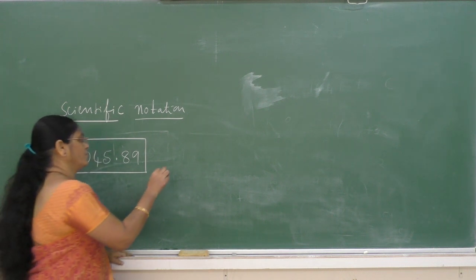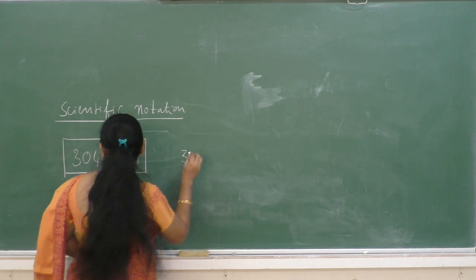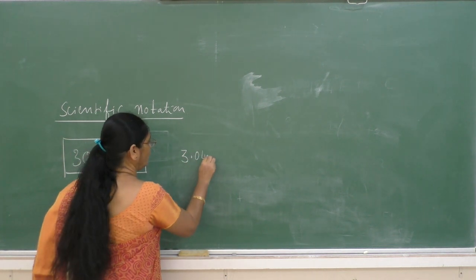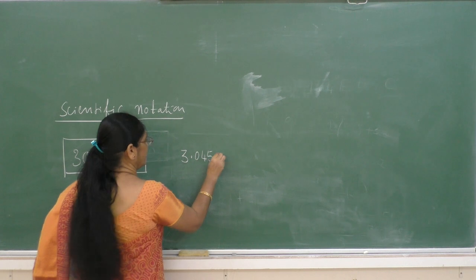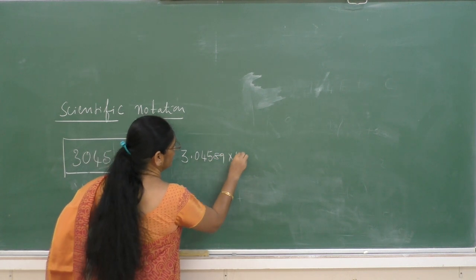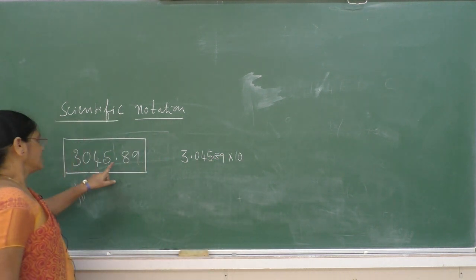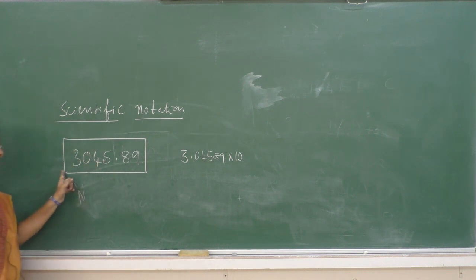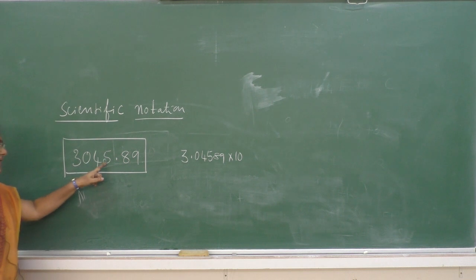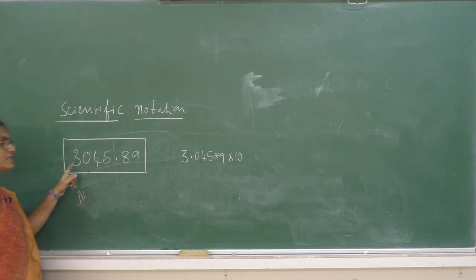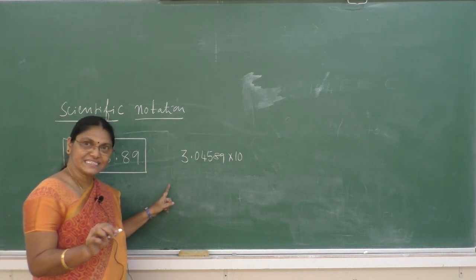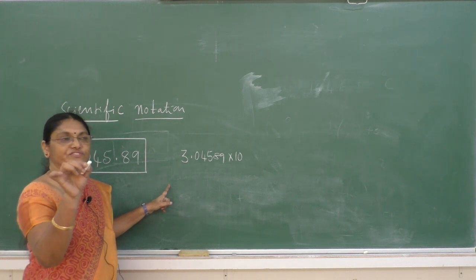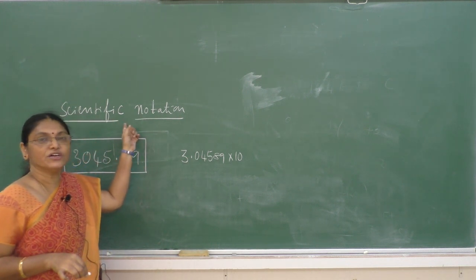So therefore, 3.04589 into 10 power. This decimal point is shifted to the left by 3 digits. So therefore, 3 is the exponent of 10 in scientific notation.